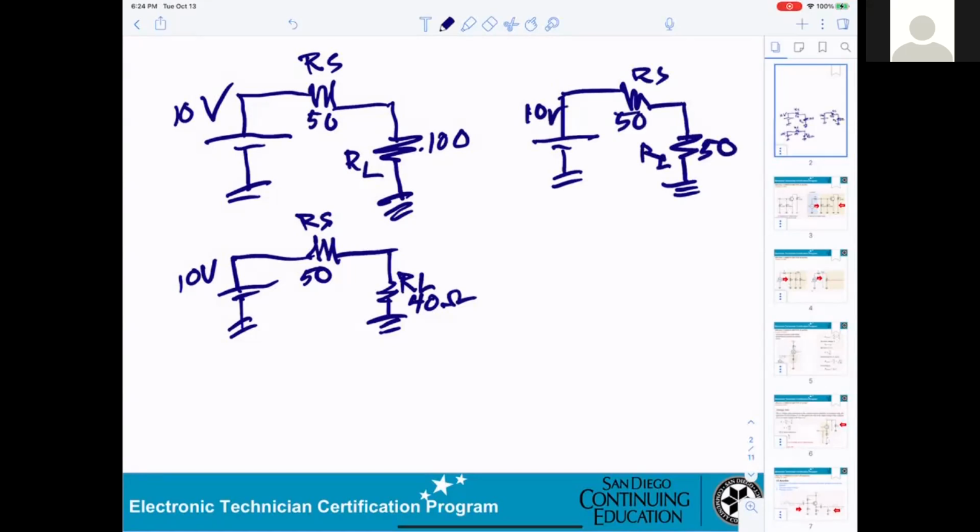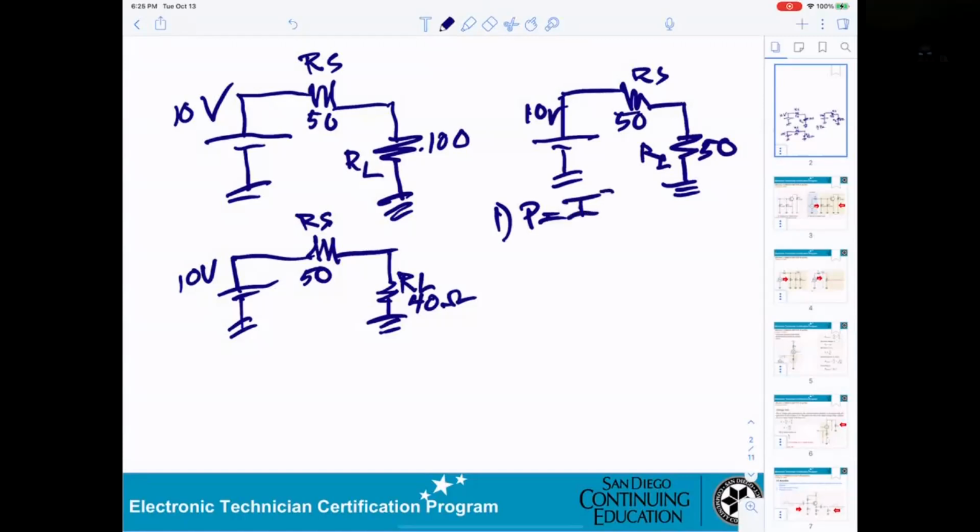For this circuit, I want to calculate the power. Number 1, P equals what? I squared R. So what current I?